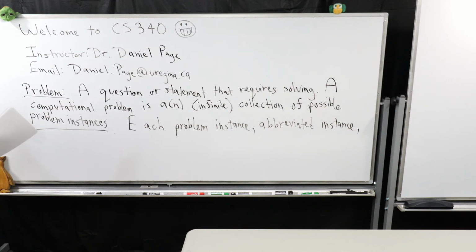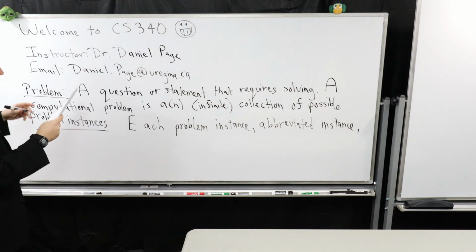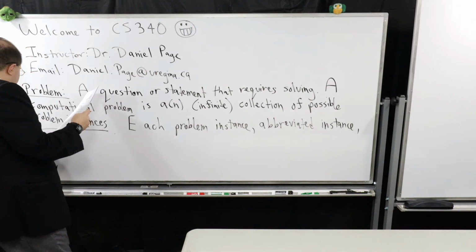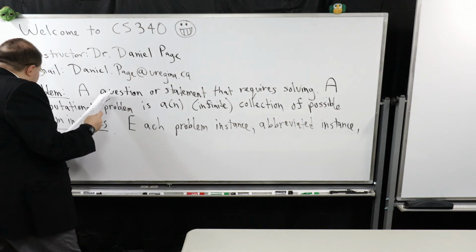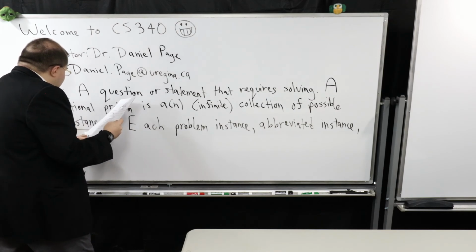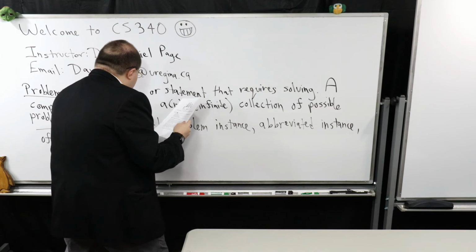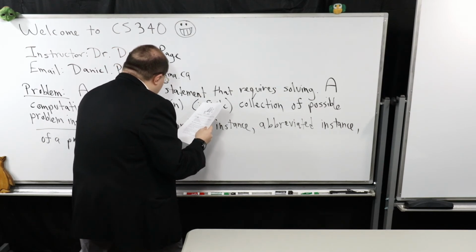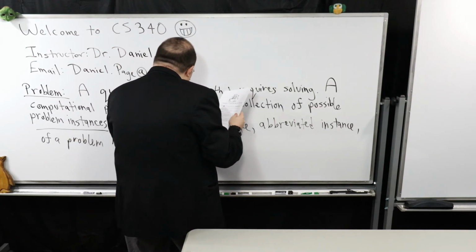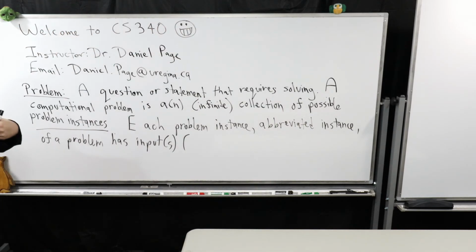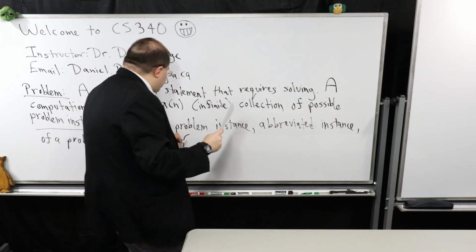So I'm going to call a problem instance an instance as an abbreviation. I have to be very careful when I'm doing this. Each instance of a problem has inputs, which usually if I need to be more explicit about what I'm talking about with the instance, I'll sometimes call an input instance.